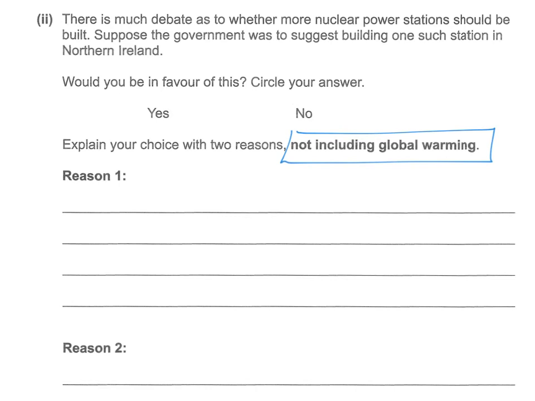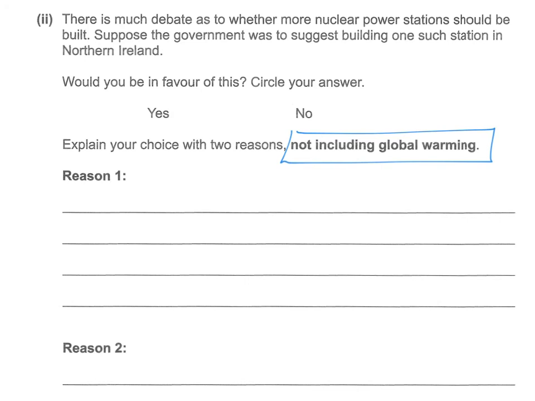If you choose no, then you have to think about the dangers associated. For example, the idea that you could have radioactive material produced, danger of leakage, danger of problems with the reactor, danger of even a terrorist attack or something like that, damaging it.